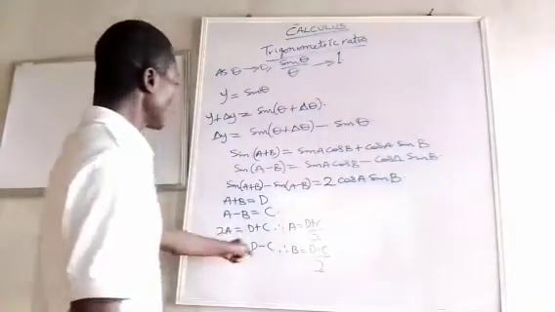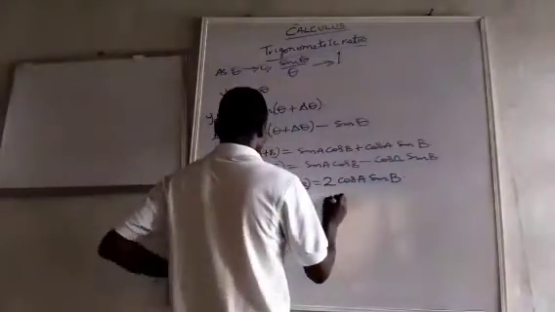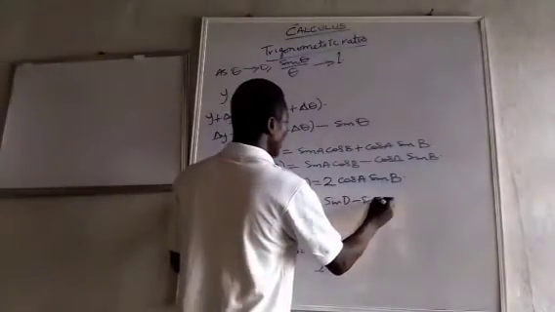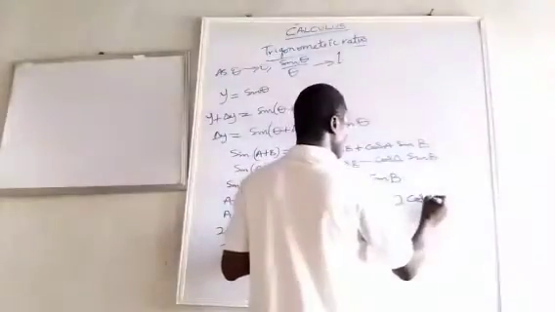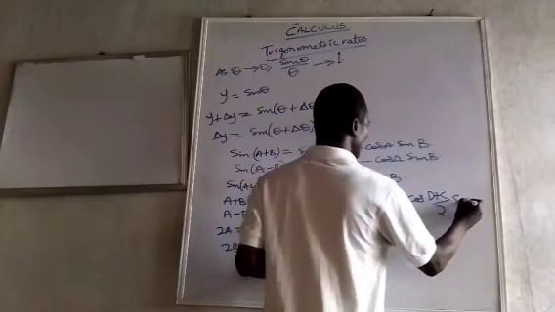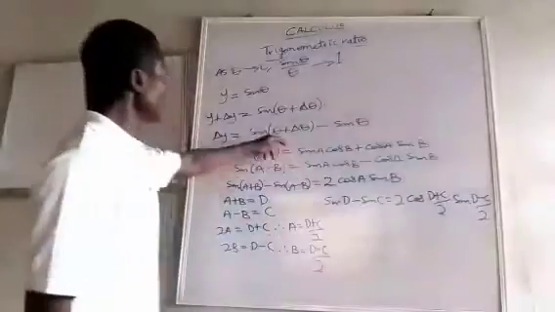Now, let us plug this in here. You can see sin D minus sin C is equal to 2 cos of D plus C over 2, sin of D minus C over 2. Now we are bringing this one here.